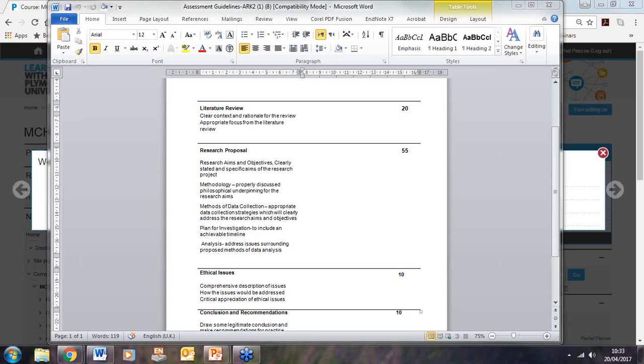In terms of ethics, no, you won't need ethics, but you may need permissions if you are going to be reanalyzing other people's data. You might need permissions also if you are reanalyzing other people's findings using a different research question. So I know that there are different permissions required for systematic reviews.